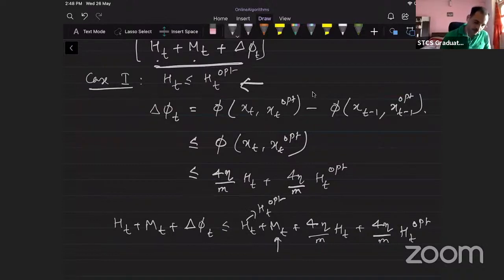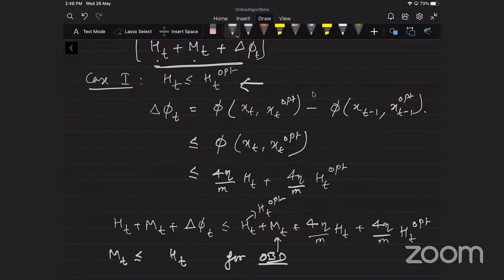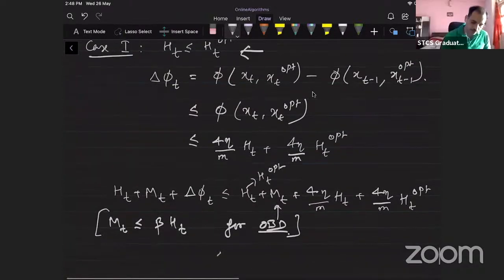And if you remember, we said something about the relationship between mt and ht. Does anybody remember? How large is mt in terms of ht for OBD? Beta times ht. Right. So this is a fact. So combining these two together, putting ht opt on the side, all terms are now in terms of ht opt because ht is at most ht opt.